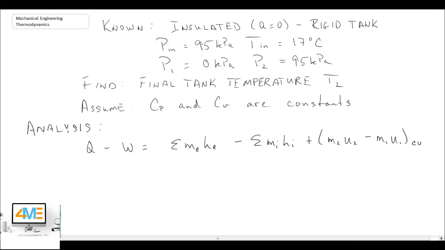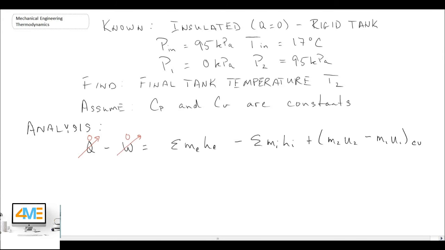Now we can look at the information that we've been given for the problem. First of all, we're told that the tank was insulated, meaning that there's no heat transfer, so the heat transfer term goes to 0. The second thing, we were told that it was a rigid tank, which means that the walls aren't moving, so there's no opportunity to do work. And so that term goes to 0.